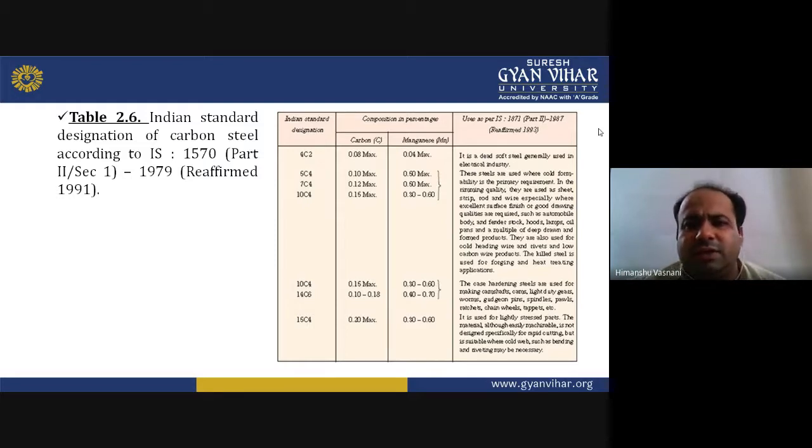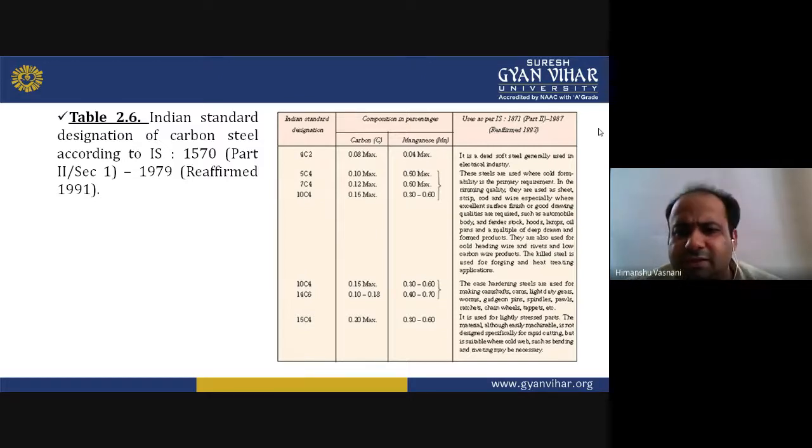Okay, another designation that you're seeing is 10C4 and 14C6. These are case hardening steels that are used for making camshafts, light duty gears, and gudgeon pins that are used in the engine of automobiles. Then spindles, pawls, ratchets and chain wheels.